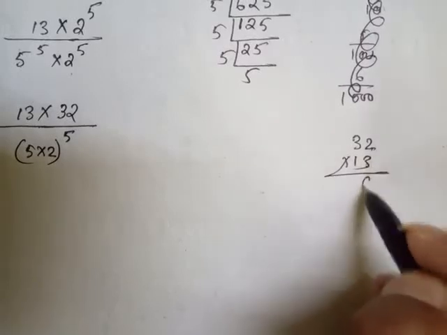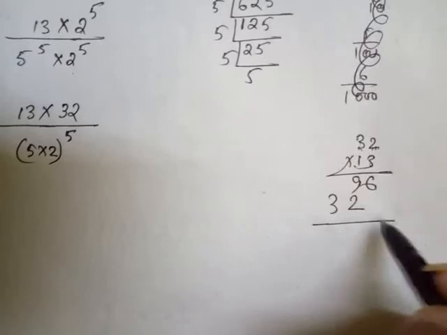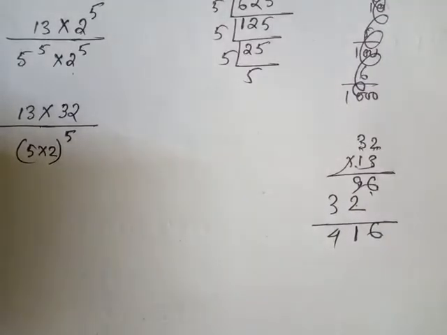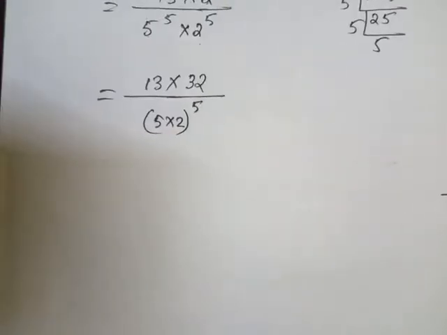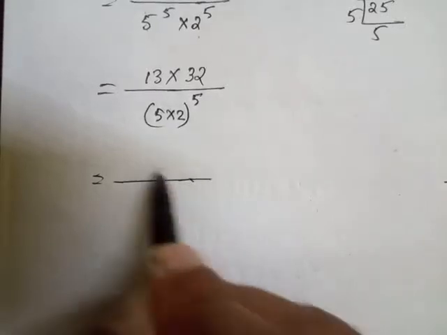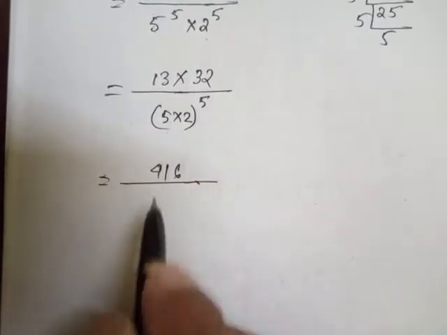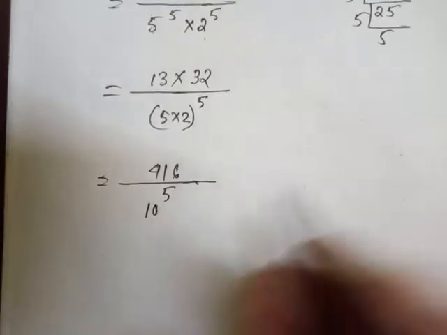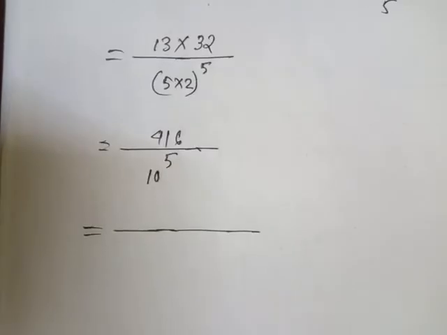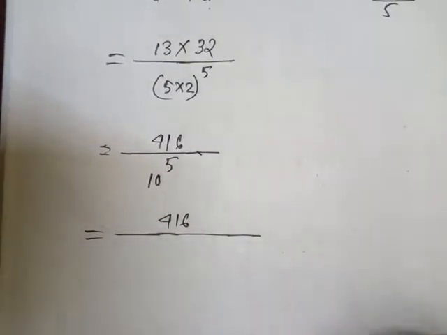So 3 2s are 6, 3 into 3 is 9, 2 1s are 2, 3 1s are 3. So 6, 9 plus 2 is 11, 1 carry 1, 3 plus 1 is 4, so 416. Now if I multiply 13 into 32, it is 416. Now next, 5 2s are 10, 10 to the power 5, so the next step would be 416 over 10 to the power 5.